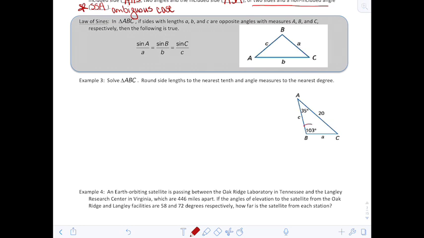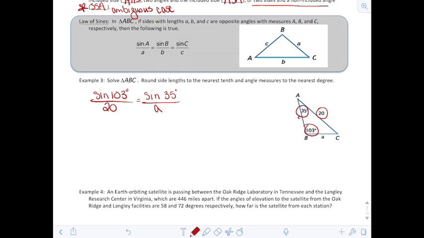So I have angle, angle, side. So what I can do is I can say that the sine of 103 degrees over its opposite side of 20 is equal to the sine of 35 degrees over side A.